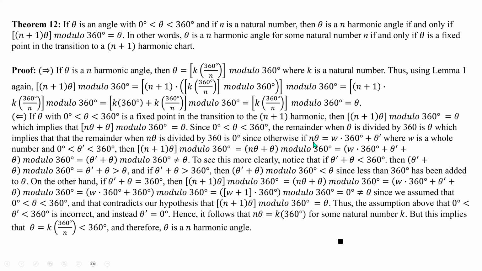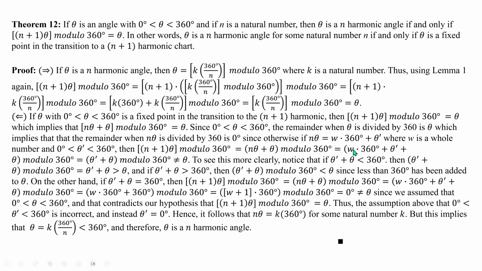Since otherwise, if we write n times theta as w times 360 degrees plus theta prime, where w is a whole number and theta prime is strictly between 0 degrees and 360 degrees, then (n plus 1) times theta modulo 360 degrees, that's equal to n theta plus theta modulo 360 degrees.